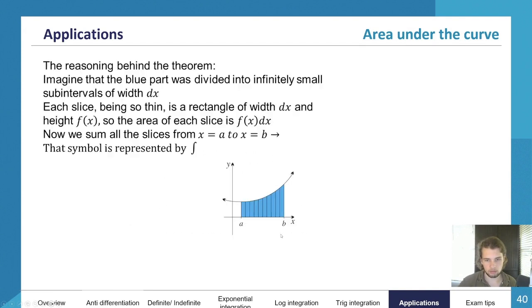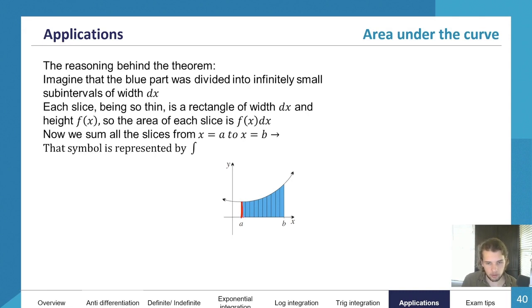Let me find it. You can imagine the blue area under this curve here was divided into infinitely small subintervals with a width of the difference of x. So that is our difference of x that we think about in differentiation. Now, each slice being so thin is multiplied by the height of the actual rectangle here.